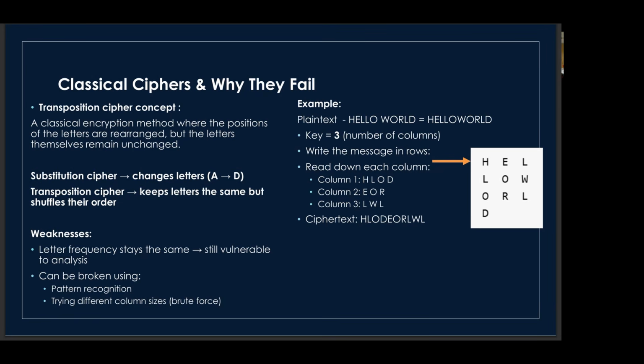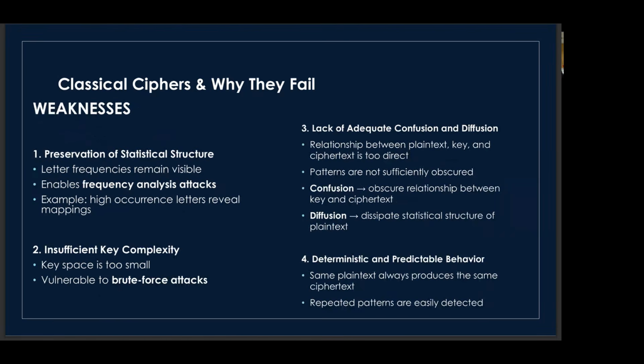So they are using a column-based rearrangement from plaintext to ciphertext. If you know the number, you can guess very easily, right? If you don't know, you can also try and error. Why does it fail? Preservation of statistical structure. Letter frequency remains visible, so frequency analysis attacks work as well.